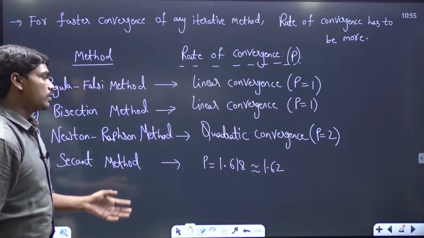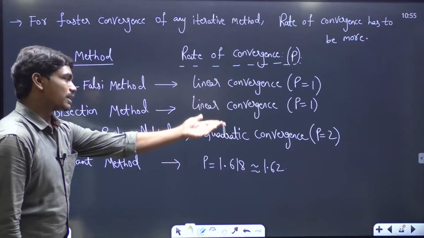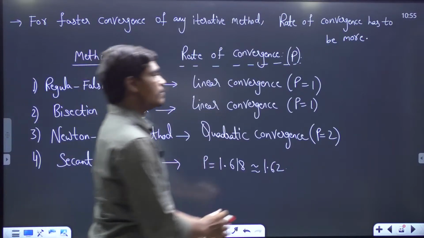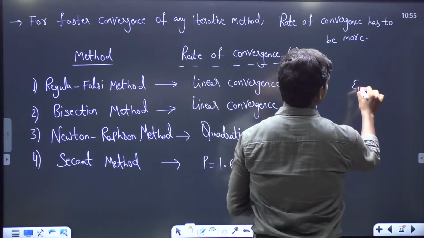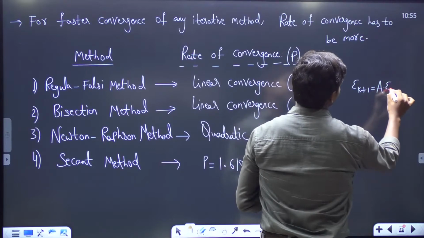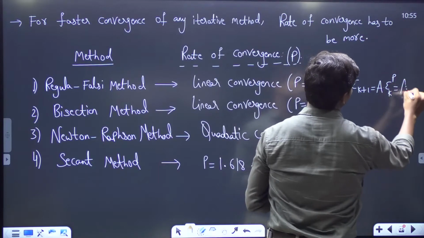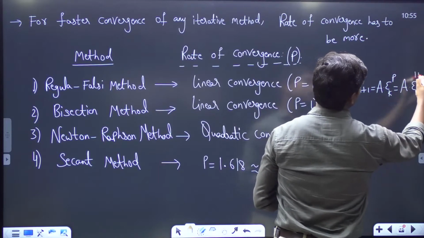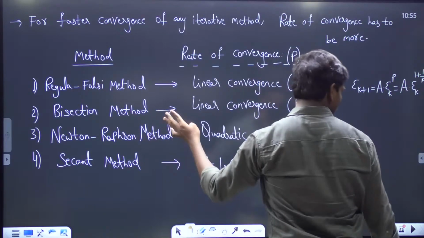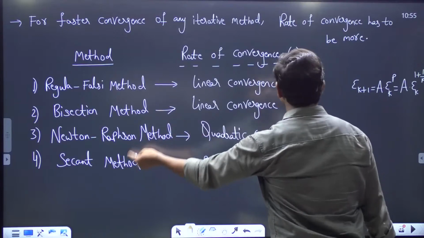All these values look better because they are integers, but this is P is equal to 1.618. When you perform this analysis, you will get something like E(k+1) is equal to A times E(k) power P, which is the same as E(k) power 1 plus 1 by P. This is what you will get when you derive the expression for the rate of convergence of the secant method.